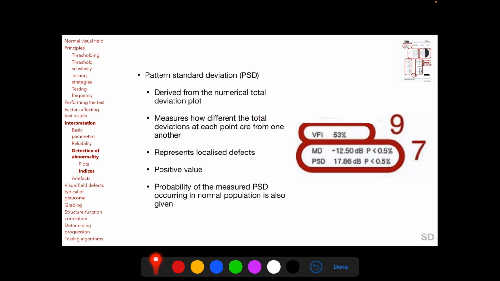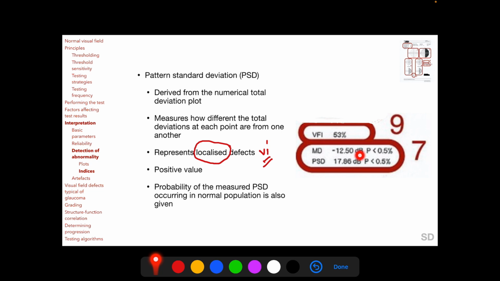Pattern deviation represents localized defects, and this is important to remember, and pattern standard deviation is always given as a positive value. Along with the value of the pattern standard deviation, a p-value is also given which represents the probability of the measured value of the pattern standard deviation occurring in a normal age-adjusted population.